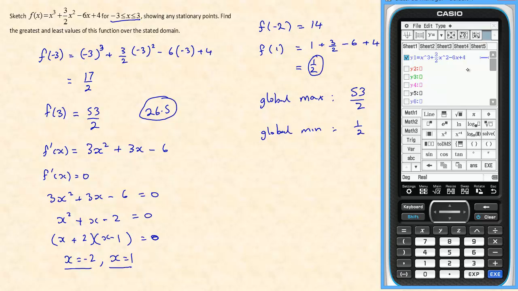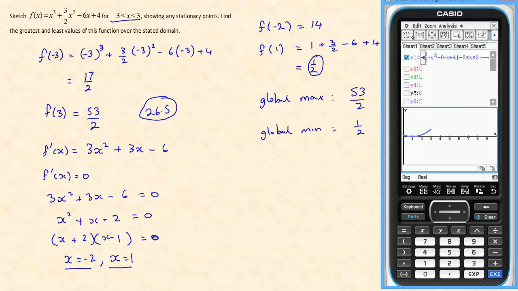Now we only want to plot that in the domain we're given. So we can use a given and then put in here -3 is less than or equal to x, which is less than or equal to 3. And we can graph that.